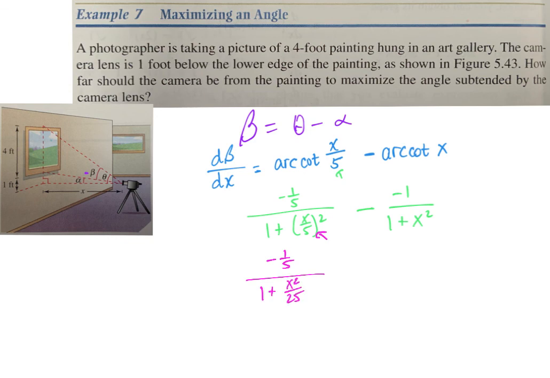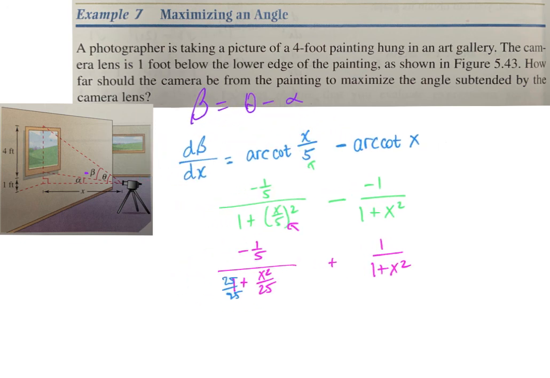When you get a common denominator here, you get 25 over 25. So we're going to say plus 1, because it's minus a negative, over 1 plus x squared. And then they did keep, change, flip, by the way.